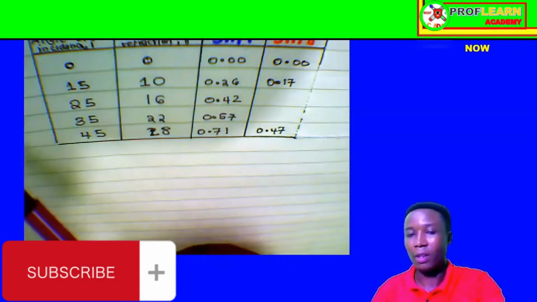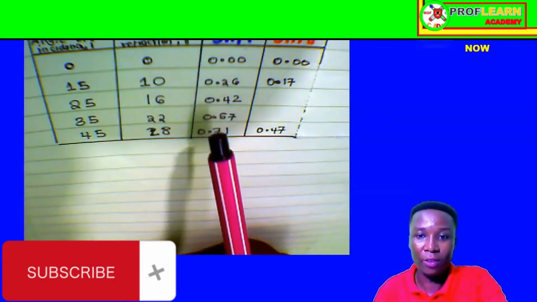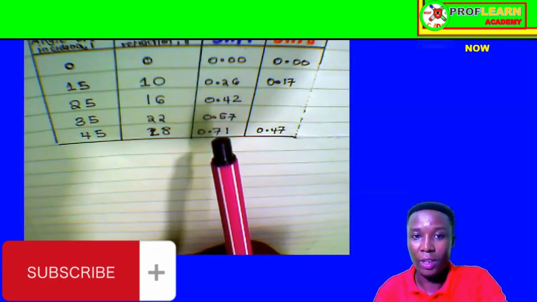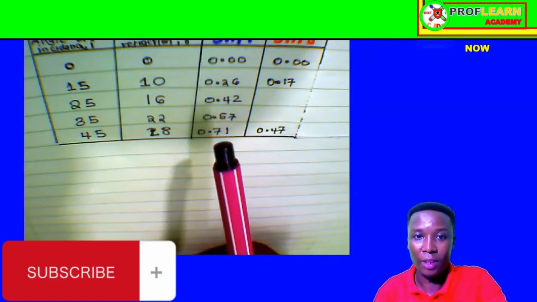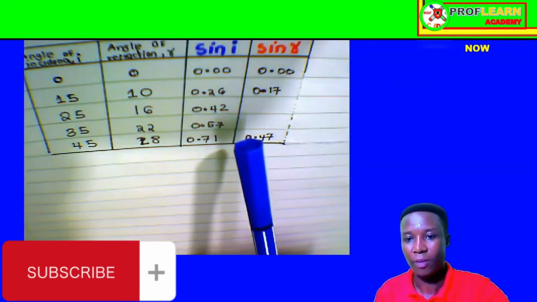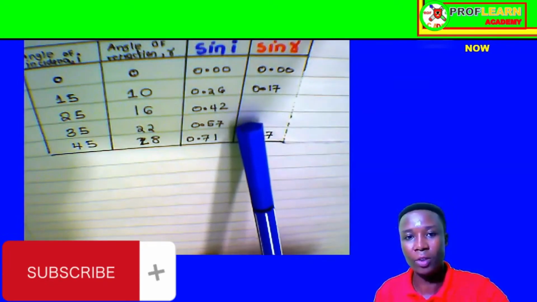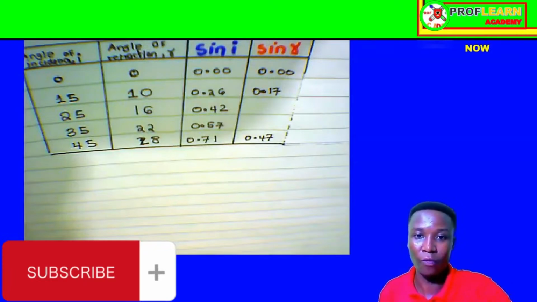And now in the other column here we have the sine of i, which can be worked out from the calculator, and the sine of r. We are given the values for the sine of r, but we are not given these 2 points which we are supposed to fill in.